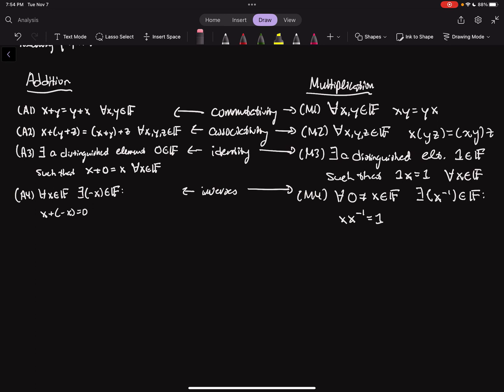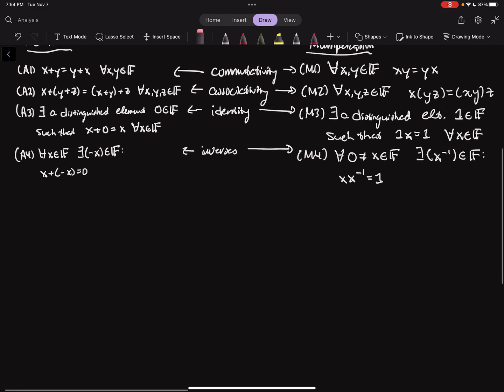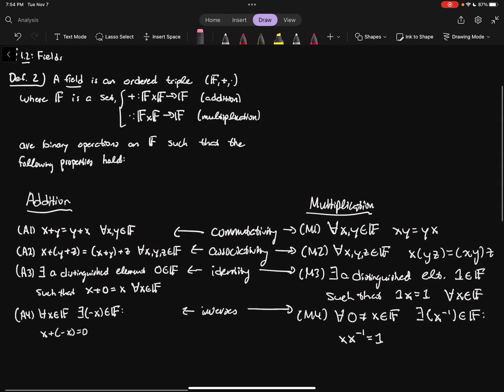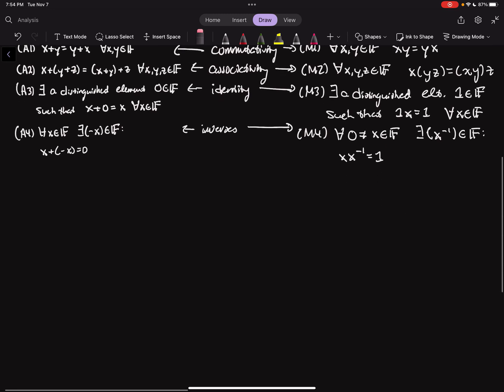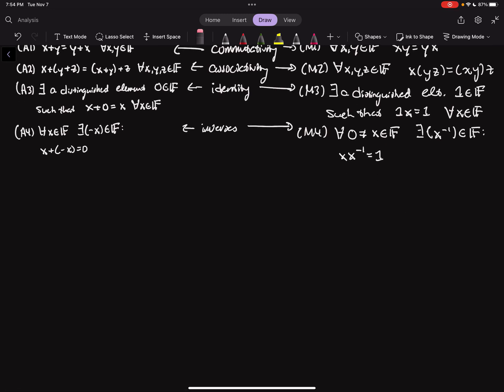But for our purposes, right now, the most important example is the set of rationals. Okay, and I promised you 10 axioms, and so far we have 8. That's because we still have two axioms to go, and these are a little different. So the first one I will call MDA.